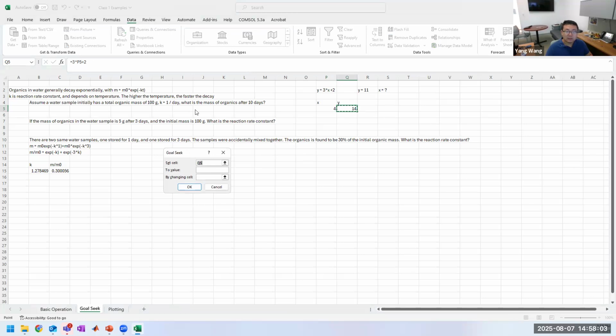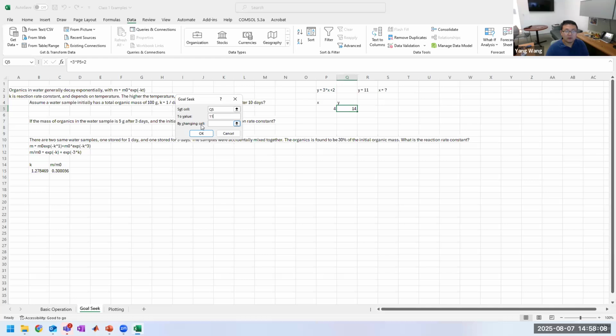You're trying to set this cell to the value of 11, right? By changing the cell of x. So now click OK. So you see, I found the value of 3, right? So let's try again. So 11, I'll change the cell here.